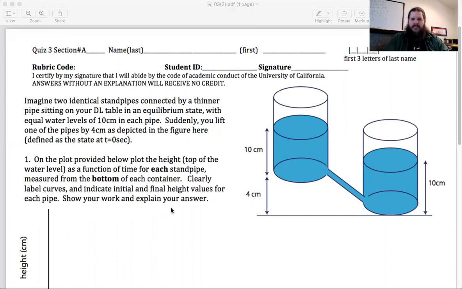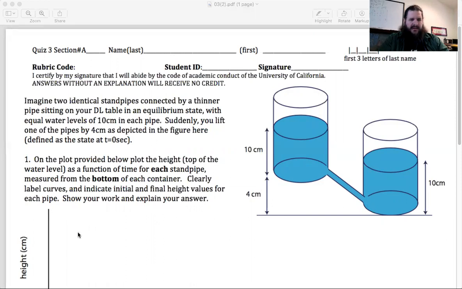It'll increase by 1 centimeter? Yeah, that water level goes up by 1 centimeter. We usually wouldn't assume the height changes are the same. Usually we would assume the volume changes are the same. Whatever volume of water flows out of one flows into the other because of conservation of volume. But if the cross-sectional areas are the same, then the height changes will also match because volume is just area times height. So same area means the same change in height also. Whatever this one decreases, the other one has to increase by the same amount.